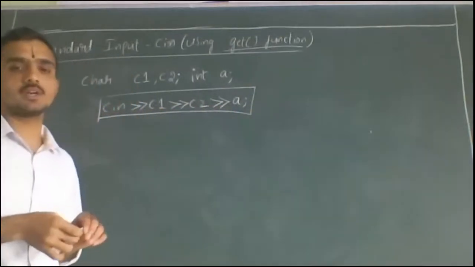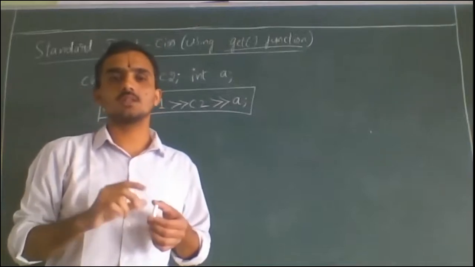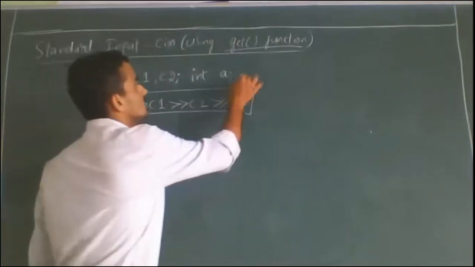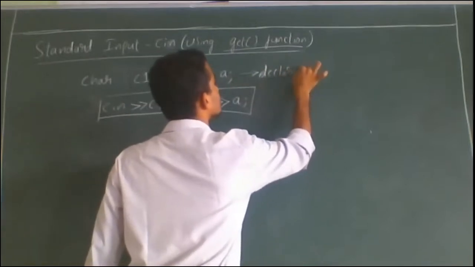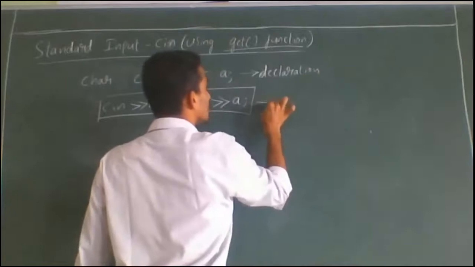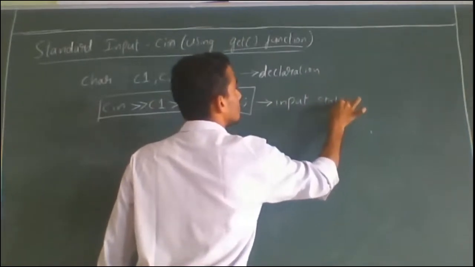We are not writing the complete program, just part of the program. If you consider the complete program, what have I written? I have written the declaration statement. So this is the declaration statement, then this is the input statement. We have considered two things.